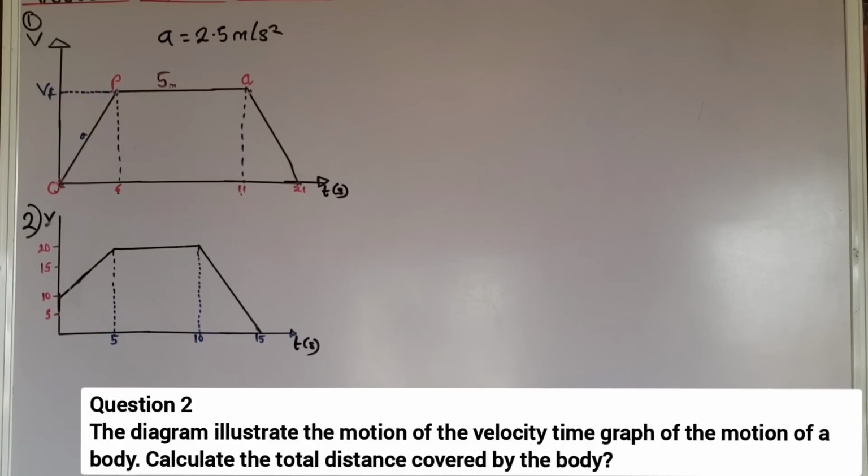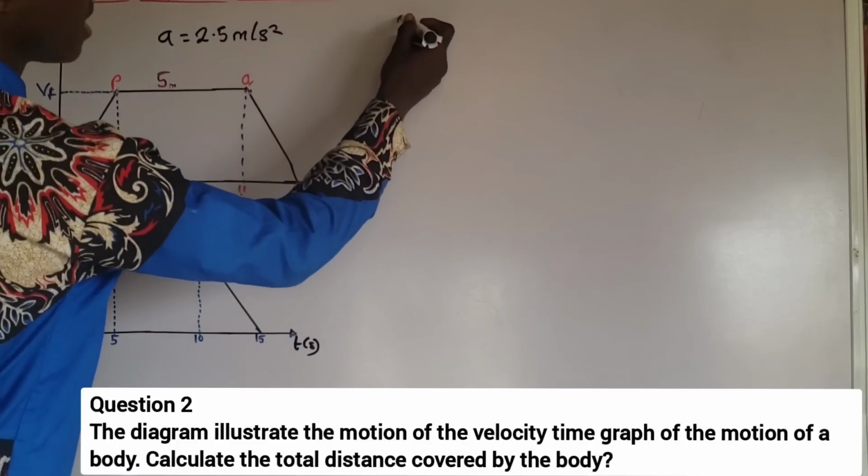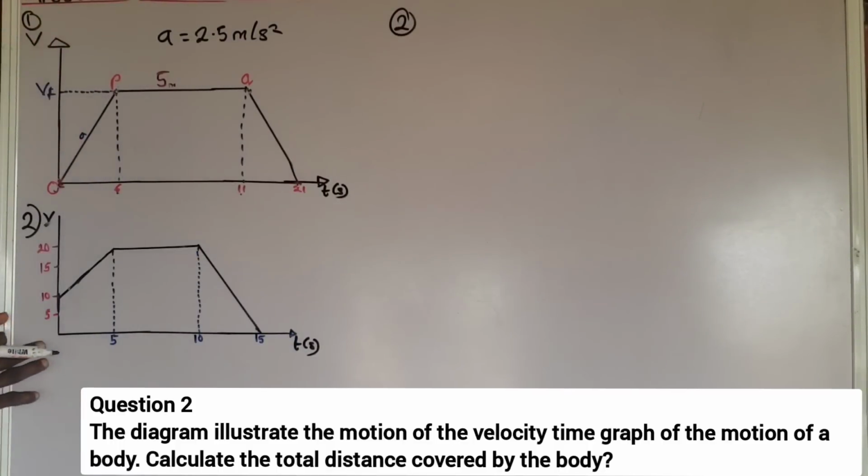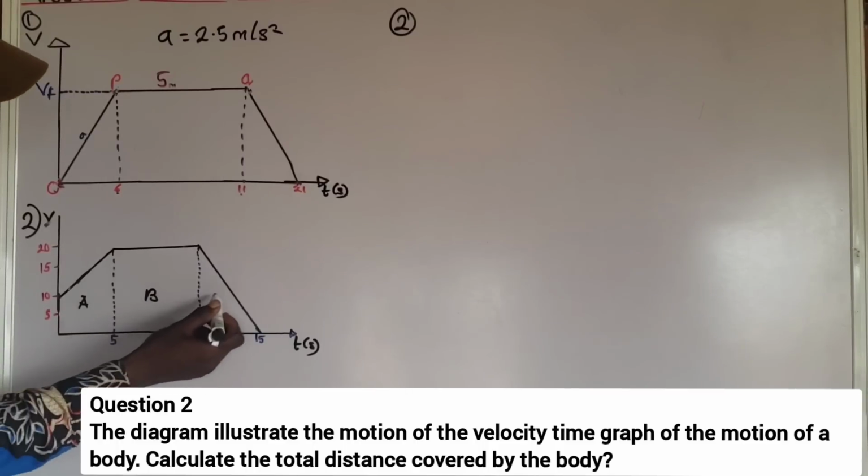Please kindly pay attention. Solution. That is question number 2. Now on this velocity time graph, we have three shapes. The sum of the area of these three shapes will give us the total distance traveled by the body. You understand? So the first shape is this, the second is this, and the third is this.